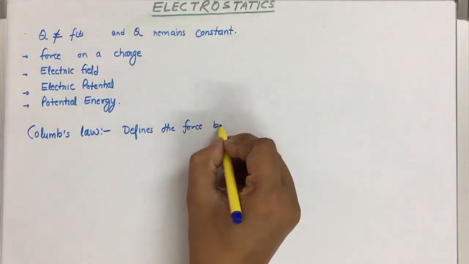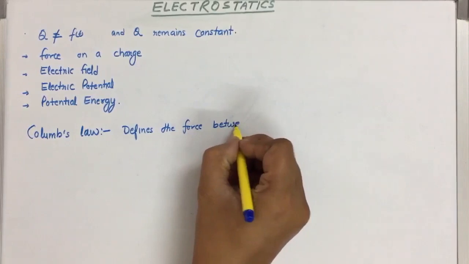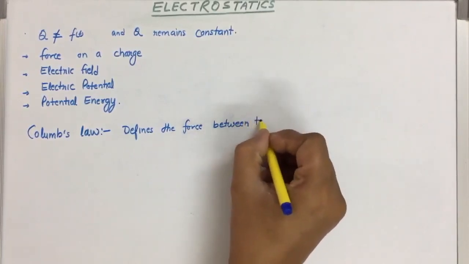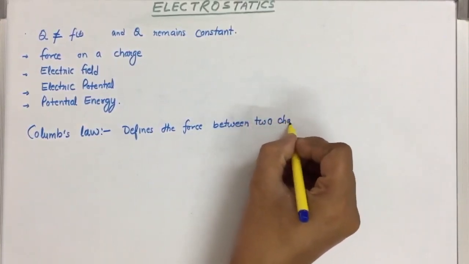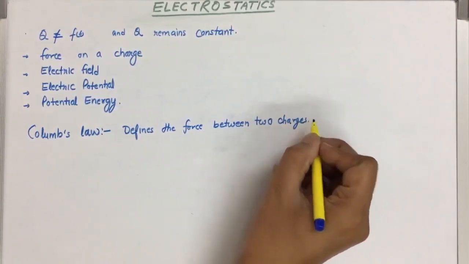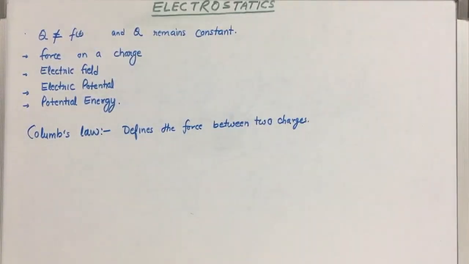So the charge may be point charge, surface charge, line charge. So there are different types of charges. We will start from point charge.